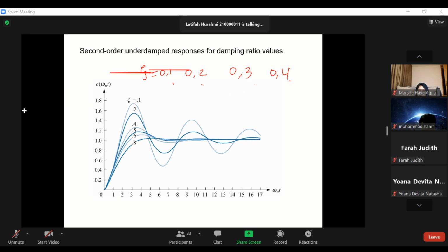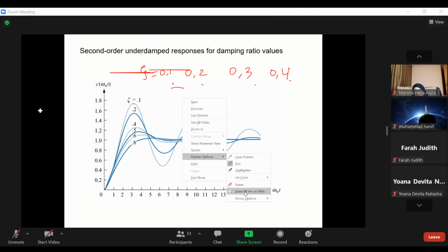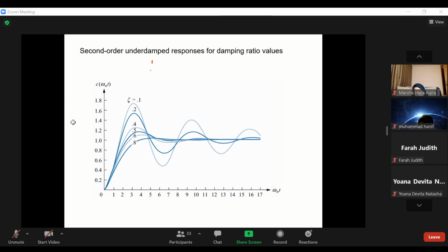Just by seeing this, let's say if you have an AC. Just imagine this is an AC.